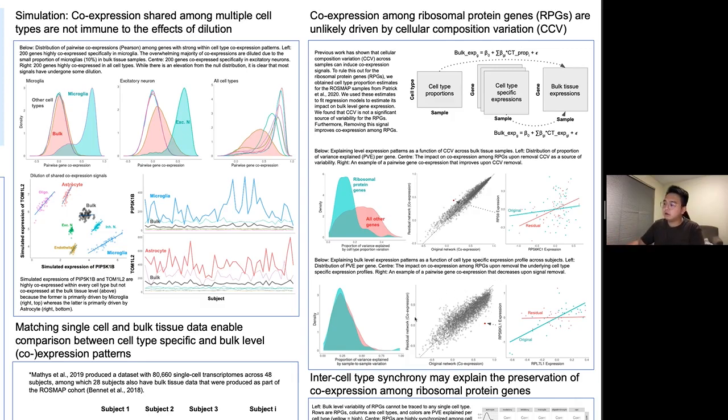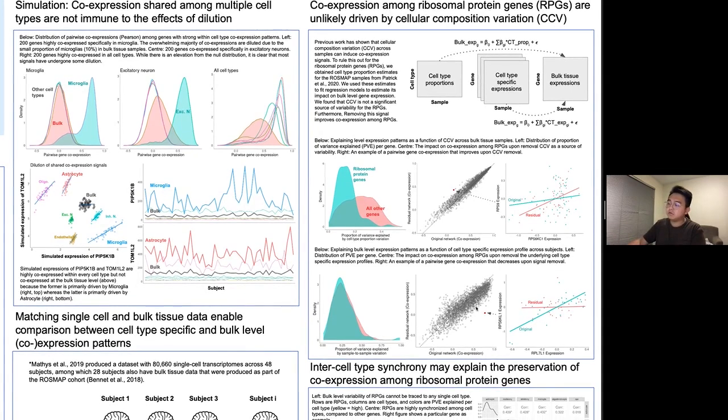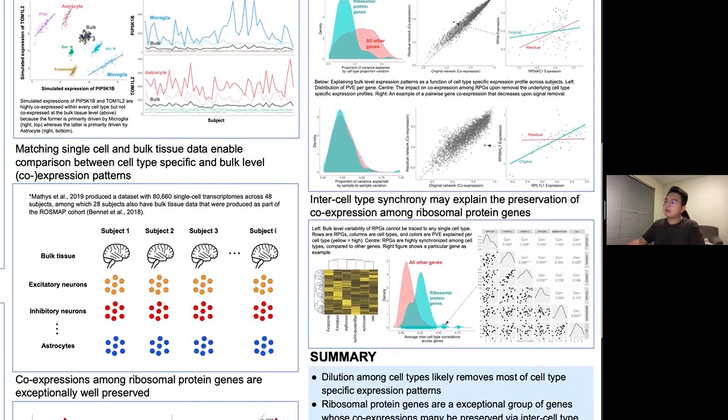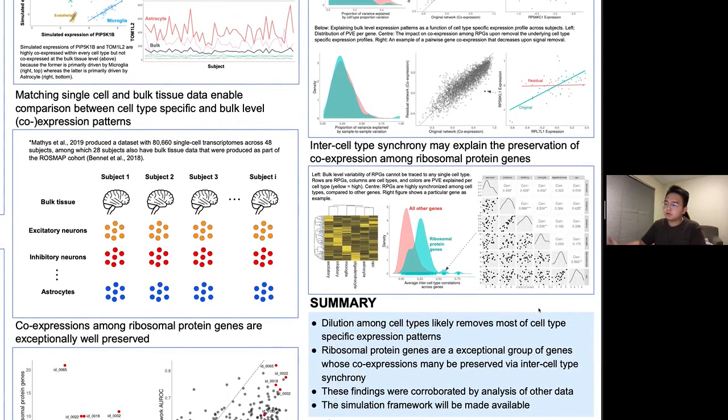In the interest of time, I won't go into a lot of details, but essentially if you remove the cell type specific expression patterns, then you remove co-expression among the ribosomal protein genes as well. So there's something exceptional and particular about this group of genes that makes it resistant to dilution.